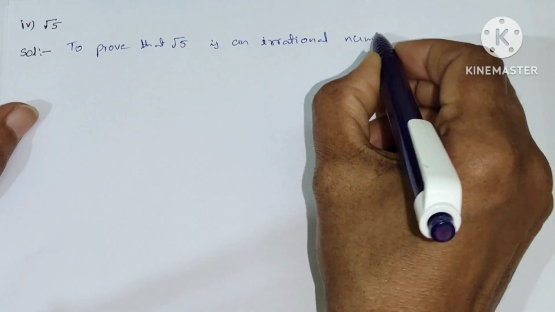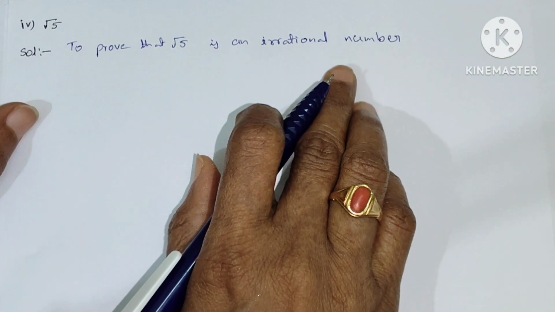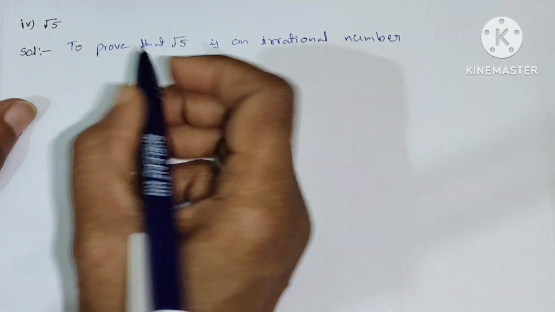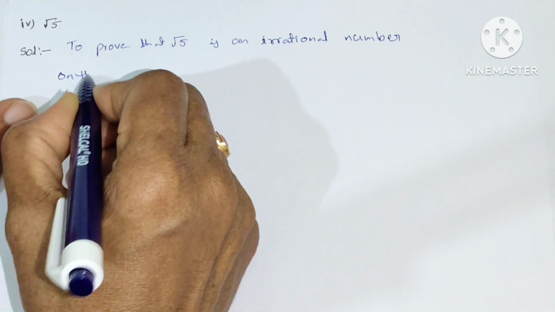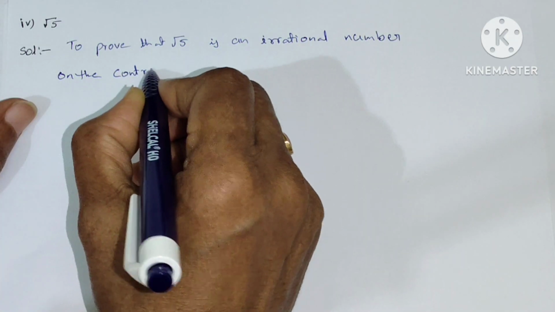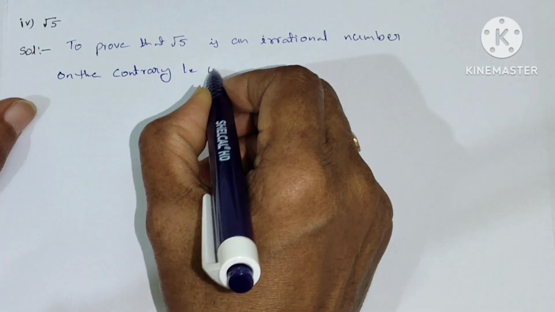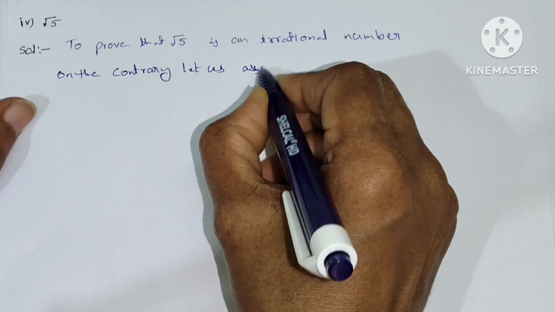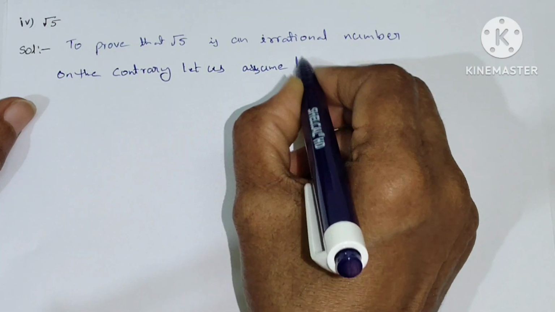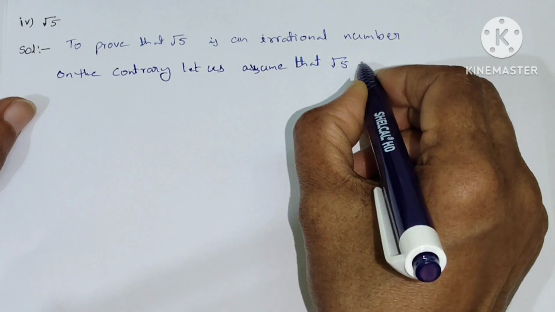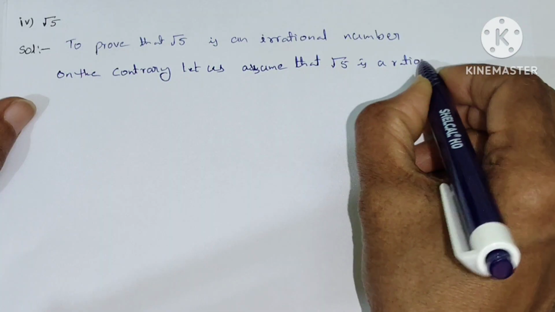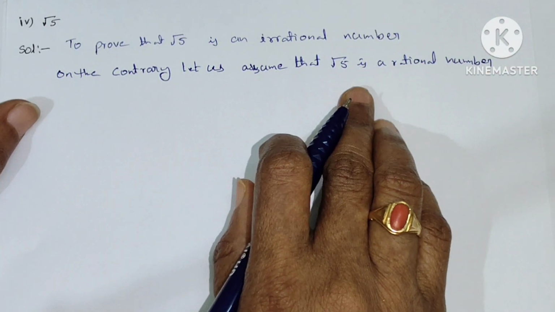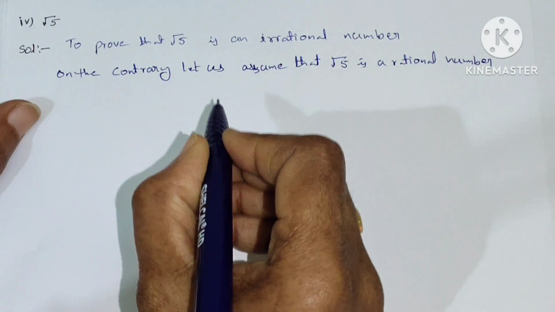On the contrary, let us assume that root 5 is a rational number. So we take root 5 as a rational number, of the form p by q.